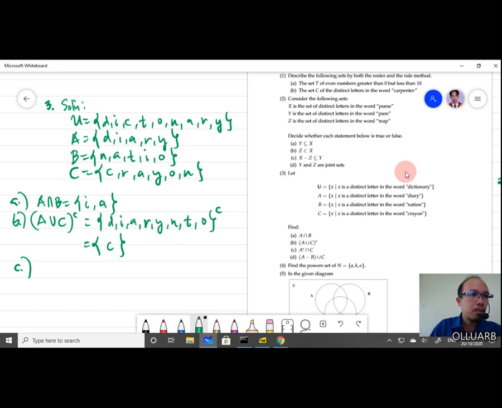For letter C, we have A complement intersection C, or A prime.